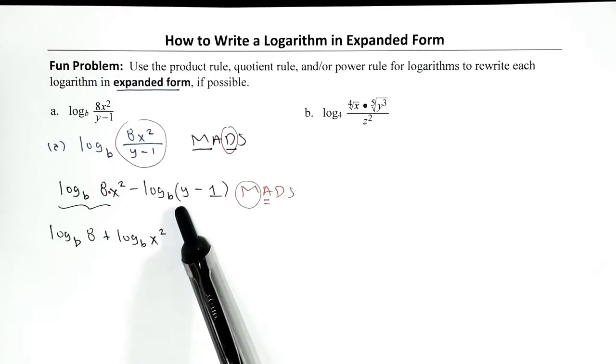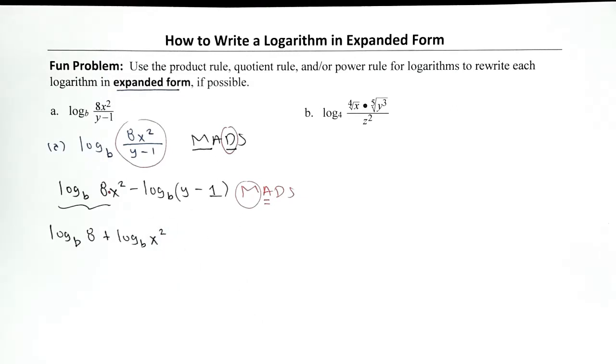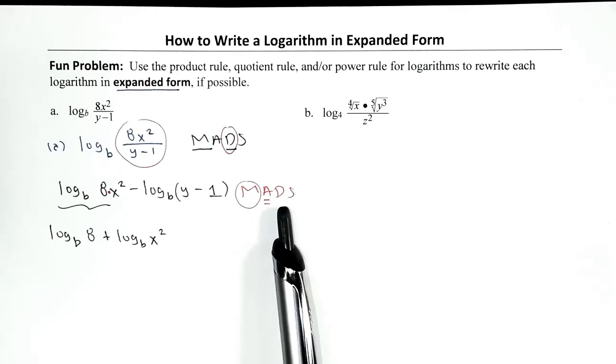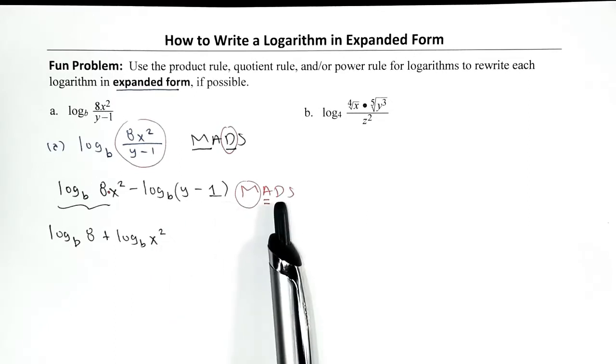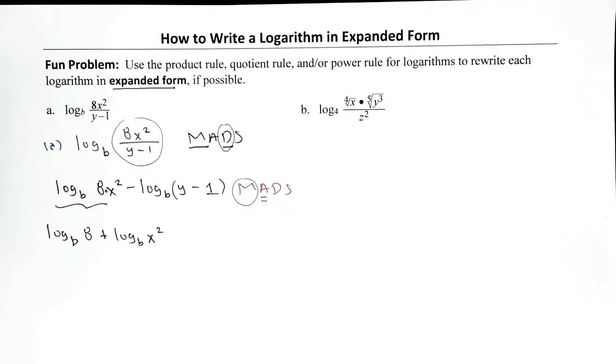Can we expand this other logarithmic term? I don't know. Let's look at the argument. Is the argument a multiplication problem? Is the argument a division problem? Y minus 1 is not a multiplication problem and it's not a division problem, so we cannot expand it. So now I'm like, wow, is the argument being raised to a power? And if so, we'll use the power rule for logarithms.